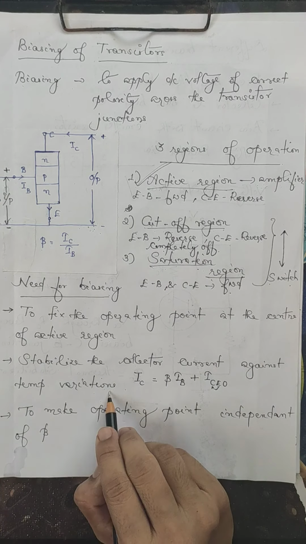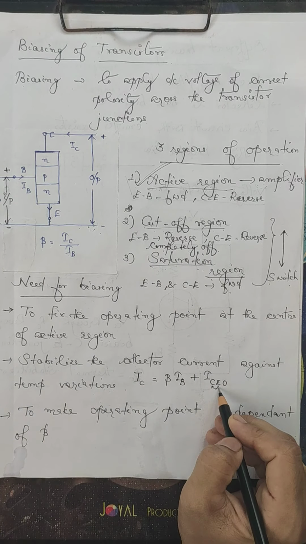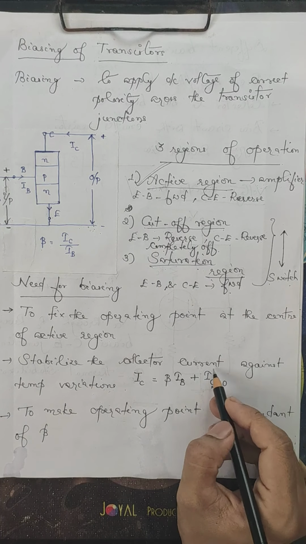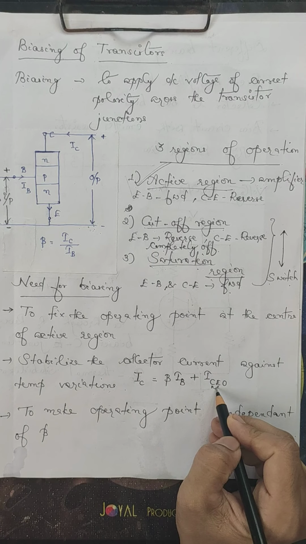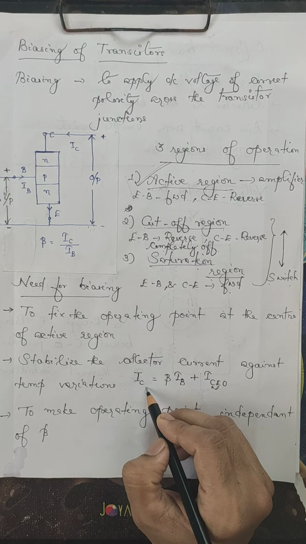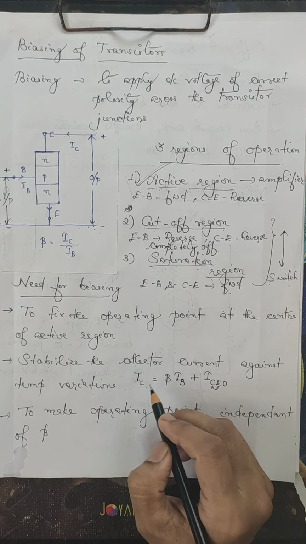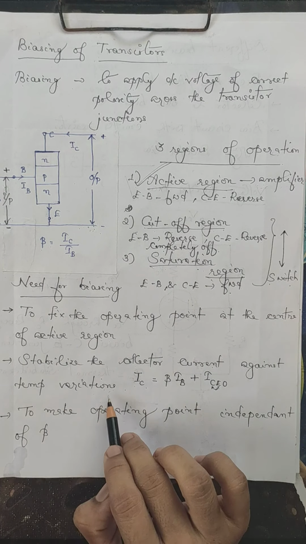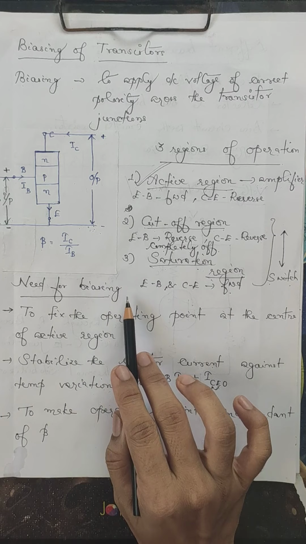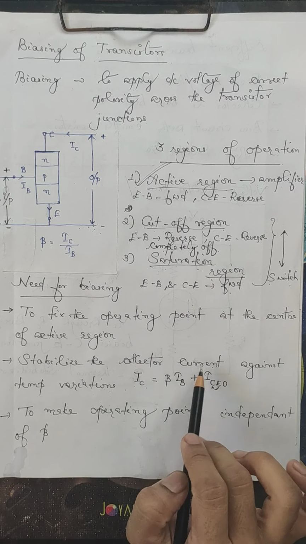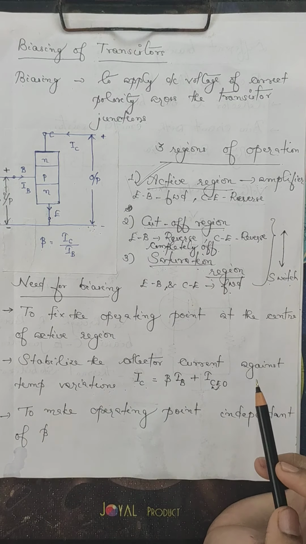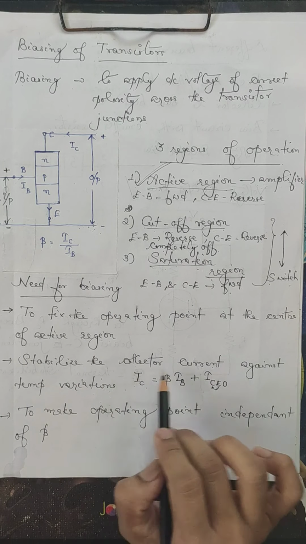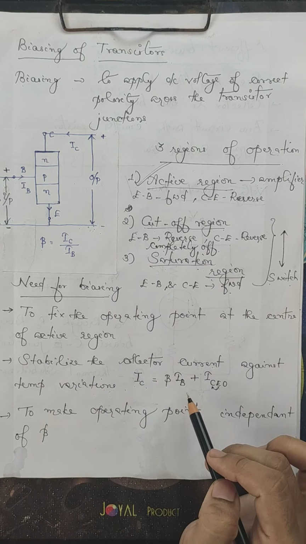So when temperature increases, the minority carriers will increase, and hence the reverse saturation current ICEO will increase. So collector current IC will also increase. That is why it is said that the collector current is dependent on temperature. Biasing helps to stabilize the collector current against temperature variations. Let us see later how biasing helps to stabilize the collector current.